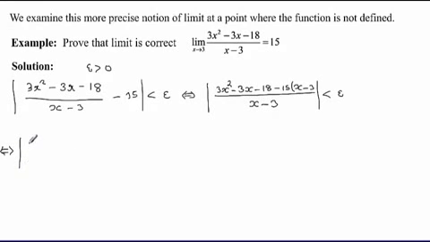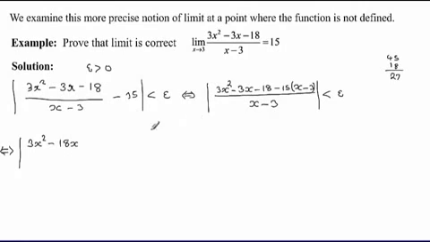So we've got 3x squared minus 18x, and then we've got minus 18 plus 45, missing a bracket here, plus 45, which will be 45 minus 18, which is going to give us 27.